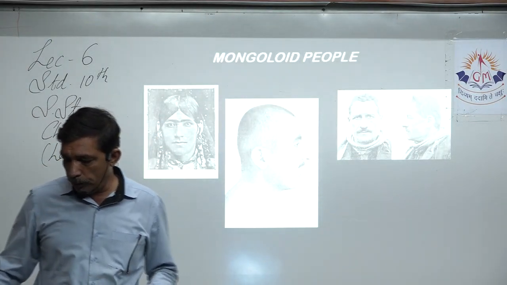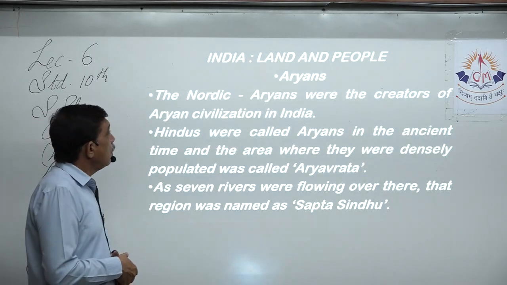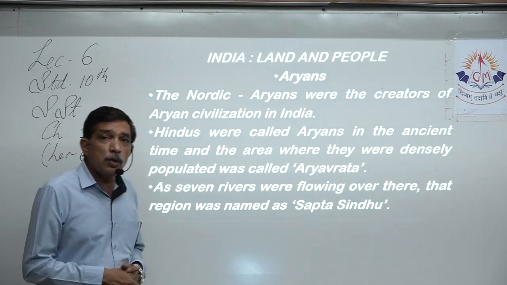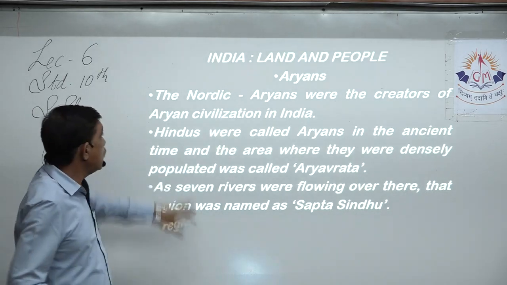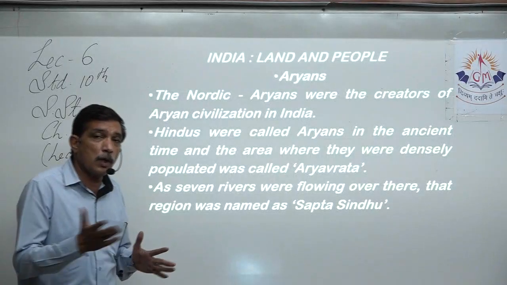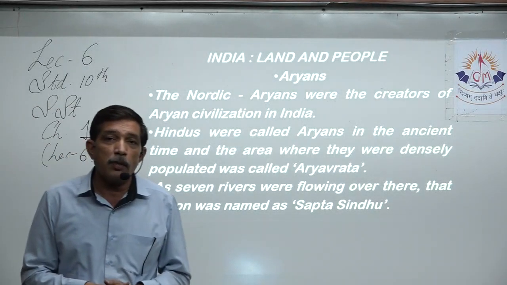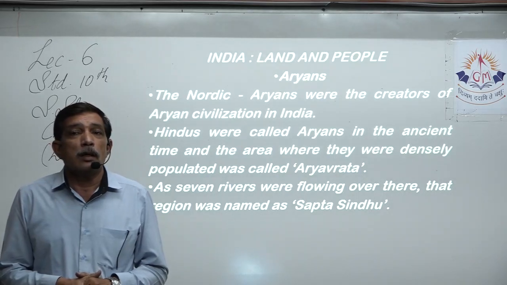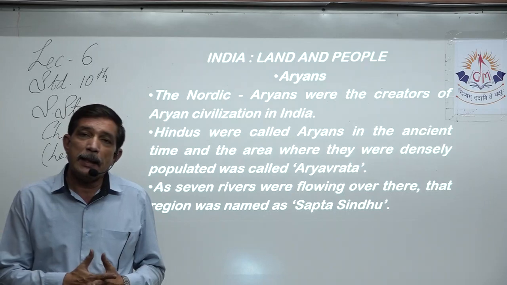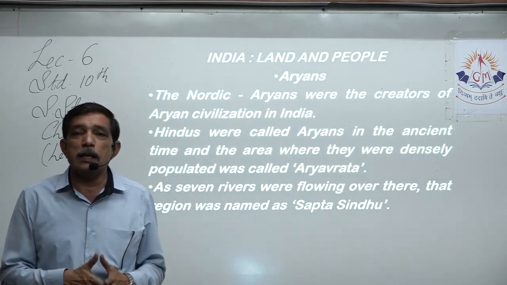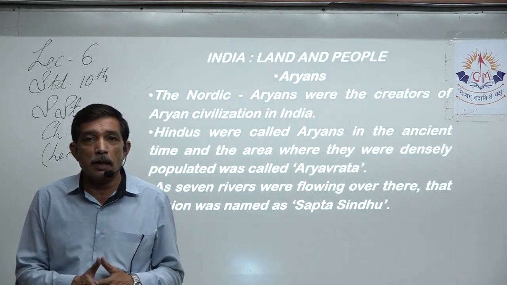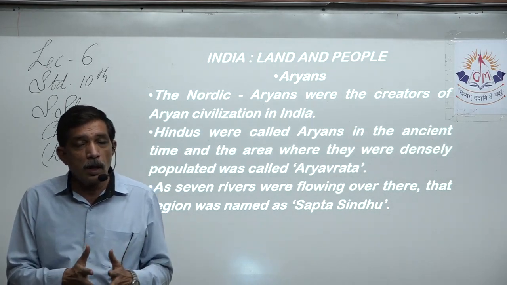Now we come to the important tribe that came from outside in very huge number, that is the Aryans. The Nordic Aryans. Yes, if you learned properly in the 9th standard, in the Second World War, Hitler started with it and he considered his race, the Nordic Aryans, as one of the purest races in the world.